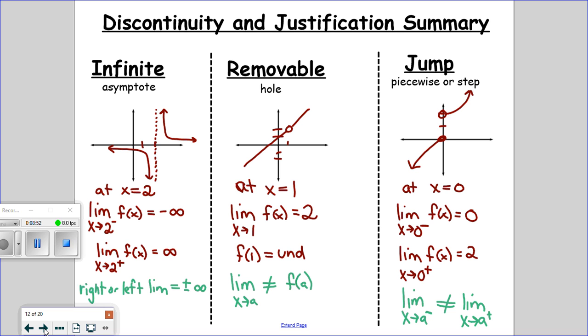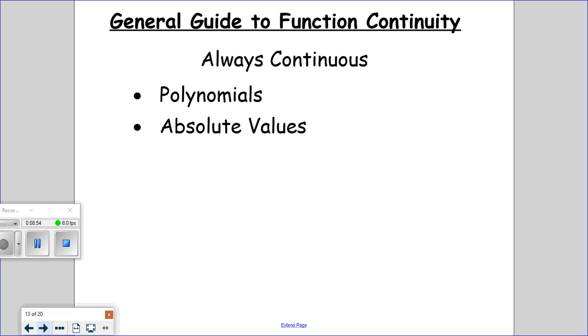All right. This next part, you really don't need to write down. Generically speaking, things that are always continuous would be polynomials, like x squared plus 3x plus 7. Always continuous, no domain restrictions. Think about things that don't have domain restrictions. Absolute value functions, y equals the absolute value of x, always continuous.